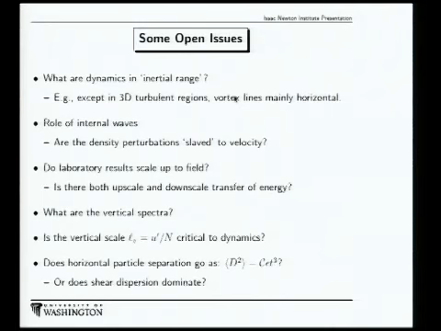Multiply what by N over F? L sub Z. So I've got U prime over F; you want to get a Rossby number out of that. Right, the scale at which Rossby is 1. Sure. And is that always so huge, really, in all these field situations?